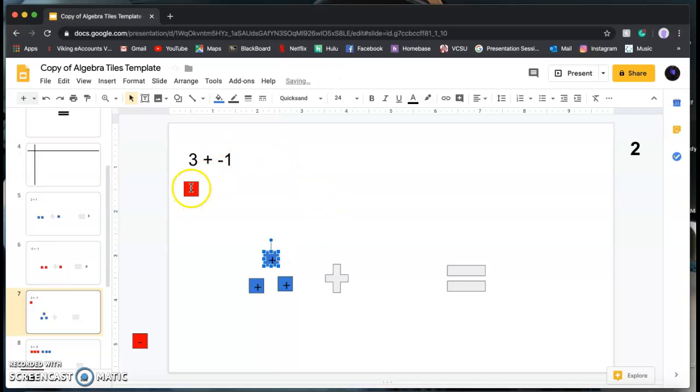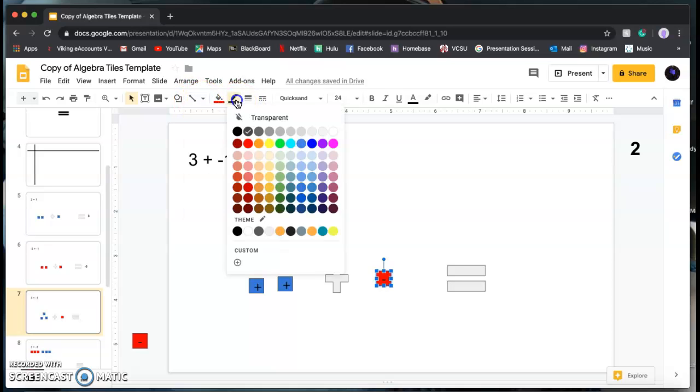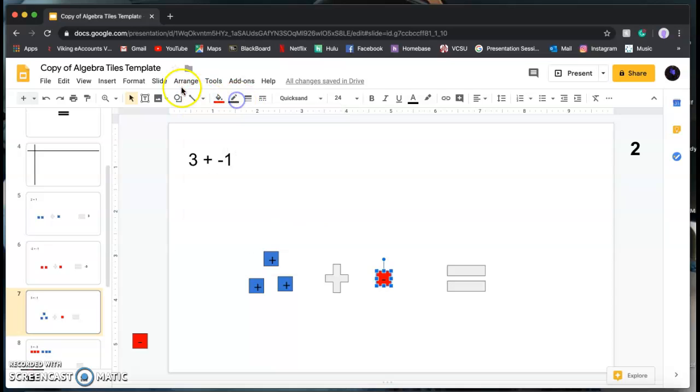Alright, and then I'll be adding a negative 1. So now here comes the tricky part. I have 3 positives and 1 negative.